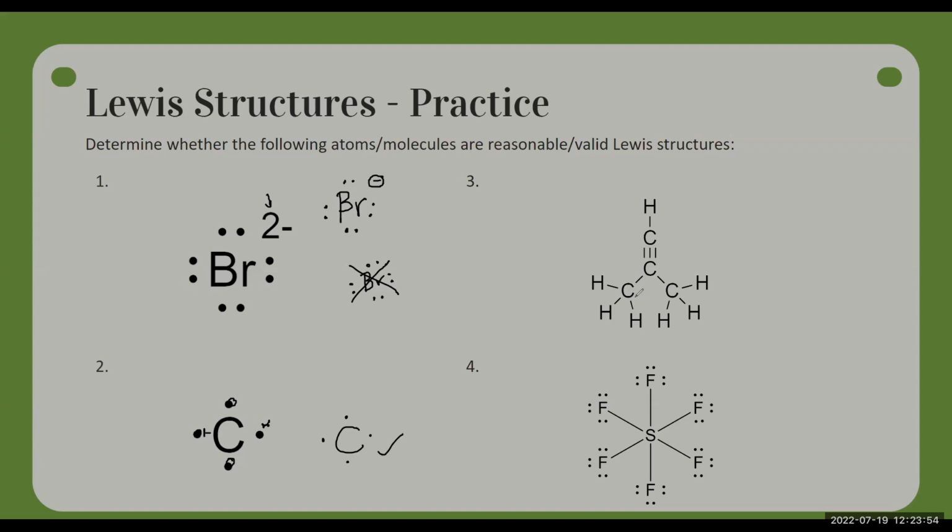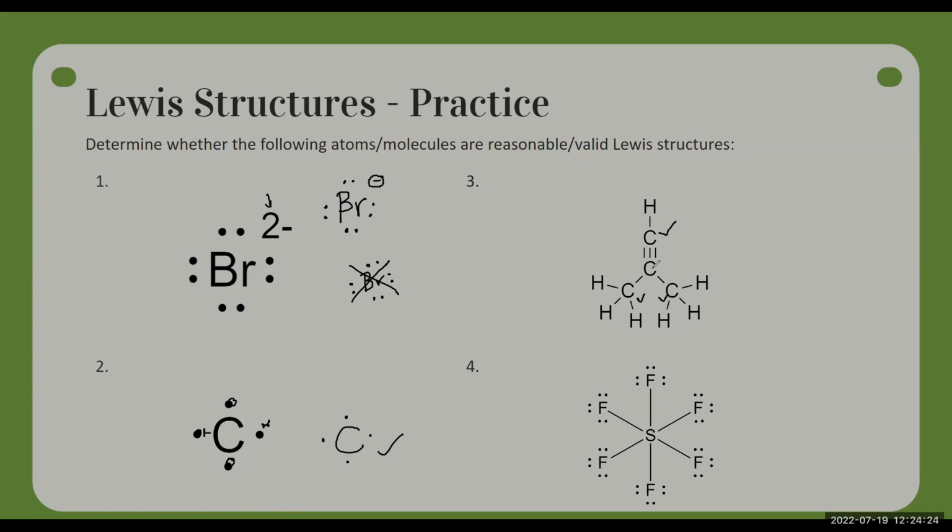This carbon looks possible. It looks good. We can check this carbon right here. We can do 2, 4, 6, 8. Now, if we count this top one up here, we can do 2, 4, 6, 8. So this one also has 8 valence electrons. So this top carbon is good.